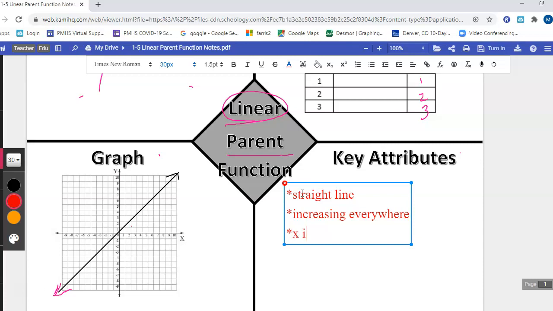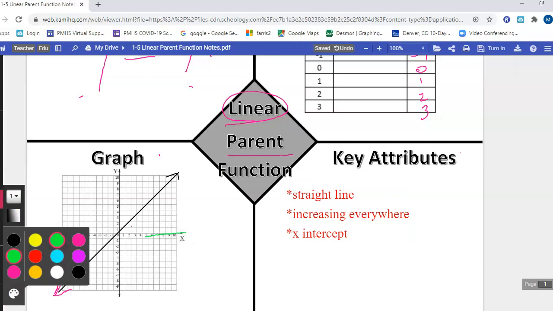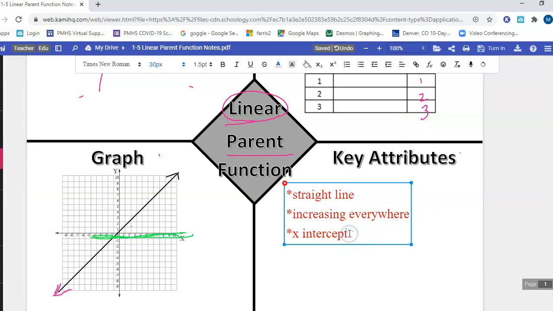The x-intercept is where the graph crosses the x-axis. The x-axis is right here, and so the line crosses the x-axis at, get back into typing, the x-intercept is 0, 0.